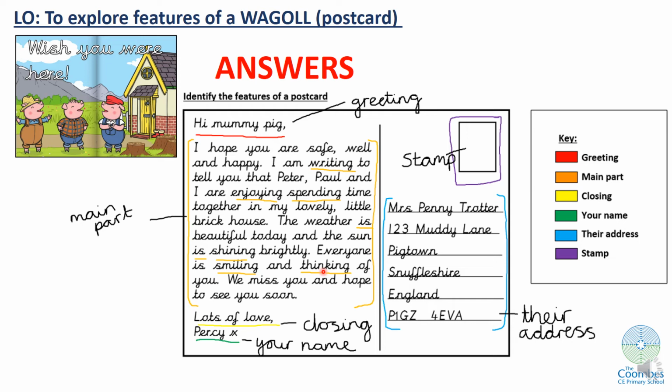So well done if you noticed the main part was written in the present tense. Then we've got the closing, the character's name, which would be your name, their address, so the person that it's being sent to, and the stamp, or where the stamp should be if it was there. Well done if you got those answers correct.